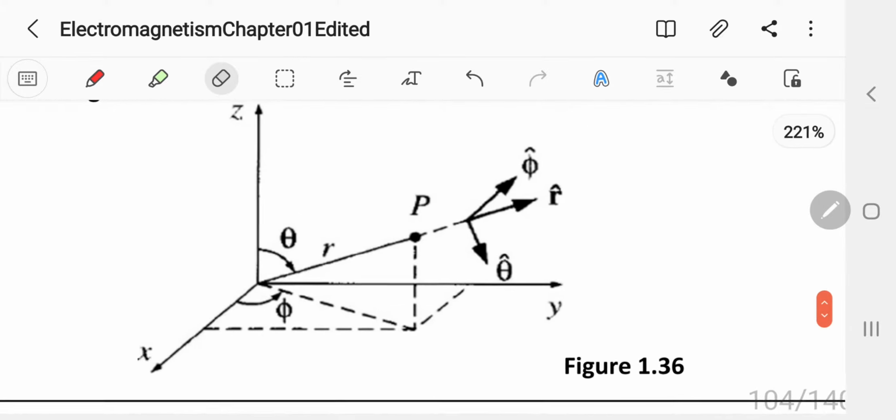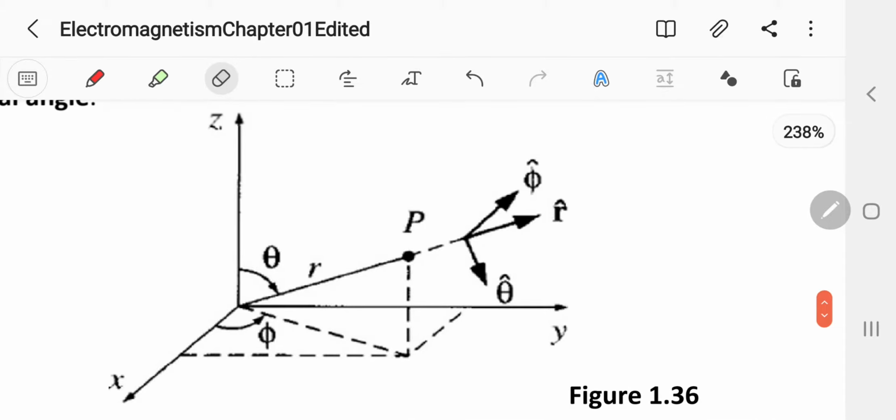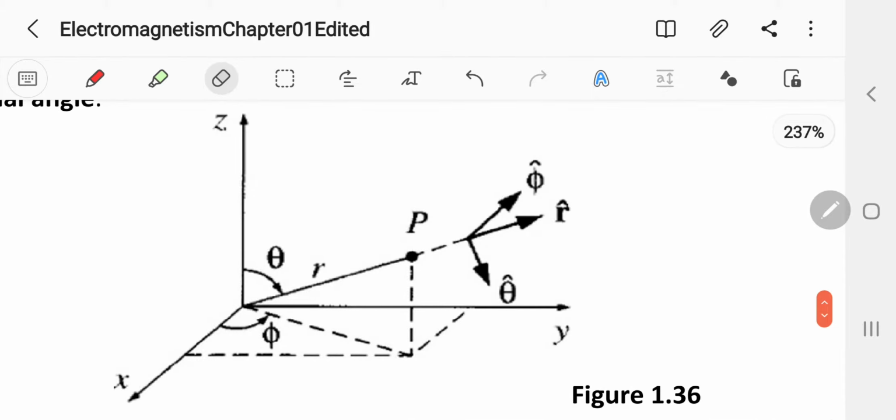So we look at the figure again, we zoom in again, and this one here is supposed to be your z.